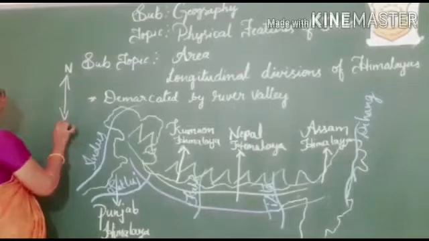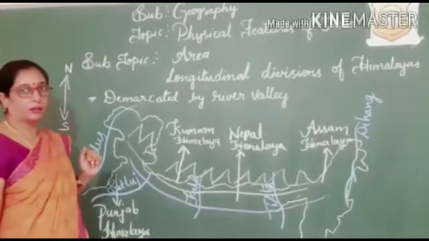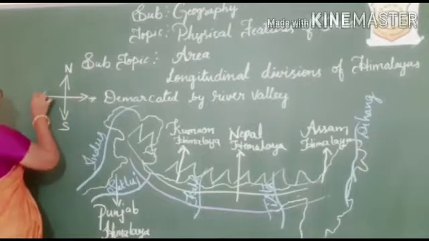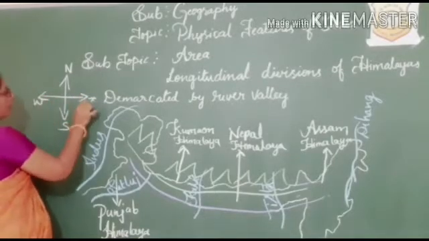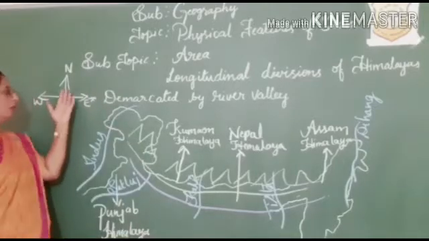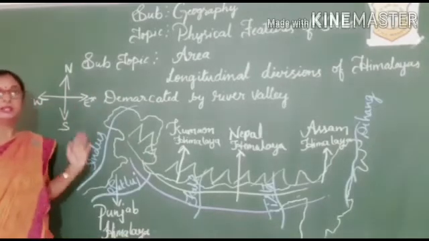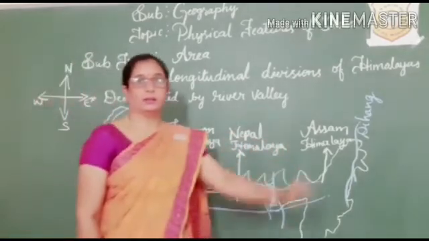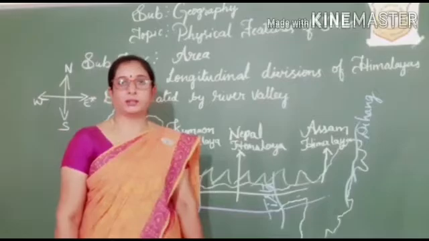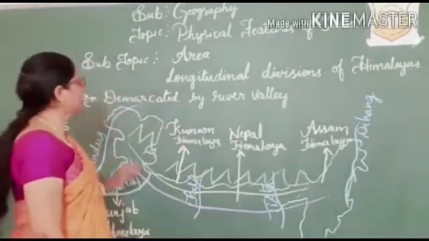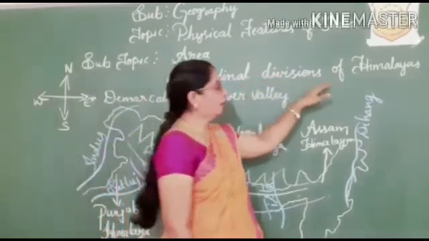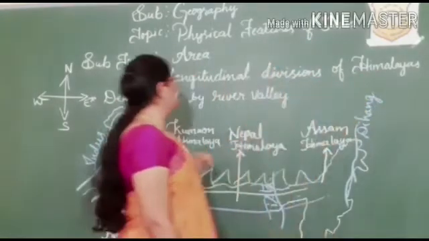The imaginary line drawn from west to east is called latitude. Keeping the longitude and latitude divisions, even the Himalayas have been divided. Let us learn about that in today's subtopic, the longitudinal divisions of the Himalayas.